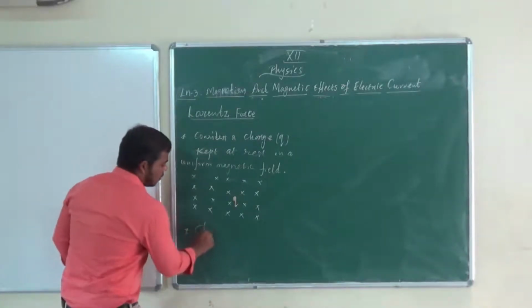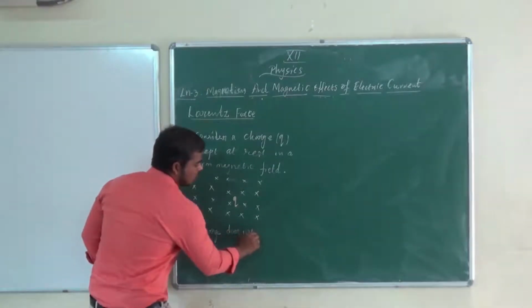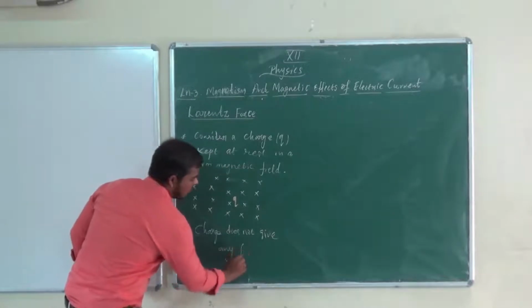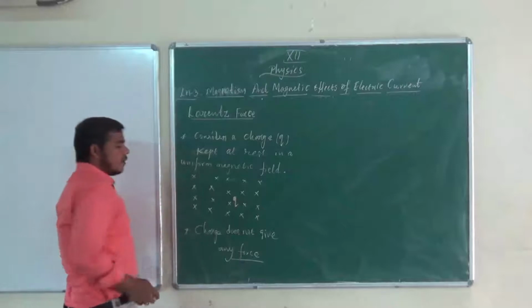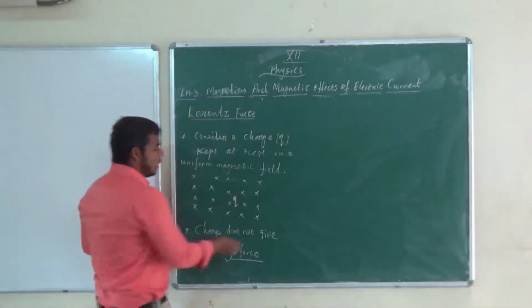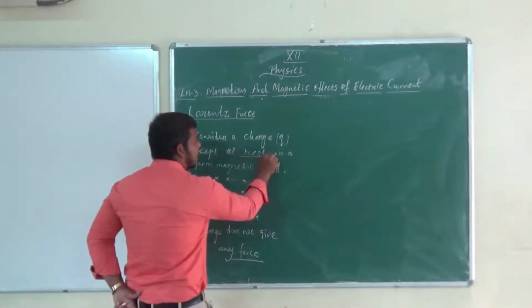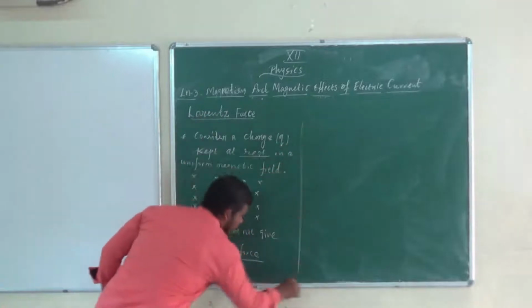That means the charge does not give any force when it is kept at rest in the uniform magnetic field. This is case 1.